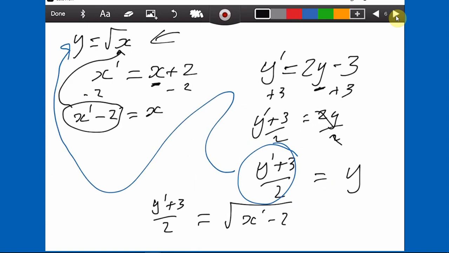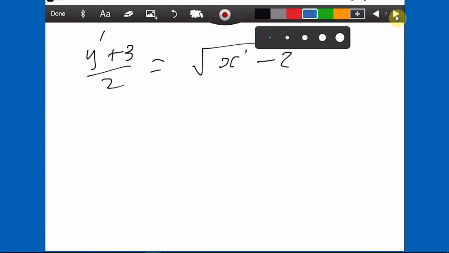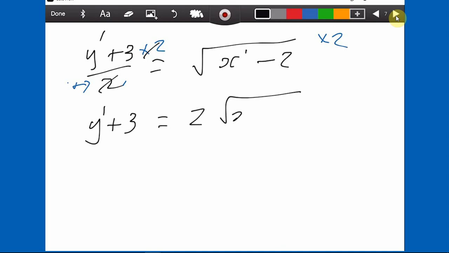Yep, that's right, square root of x dashed take 2. Now I'm going to move this 2 that's down here. To do that, I can times 2 both sides. They cancel, leaving me with y dashed plus 3 equals 2 lots of the square root of x dashed take 2.